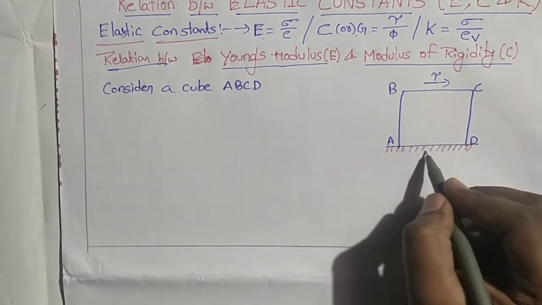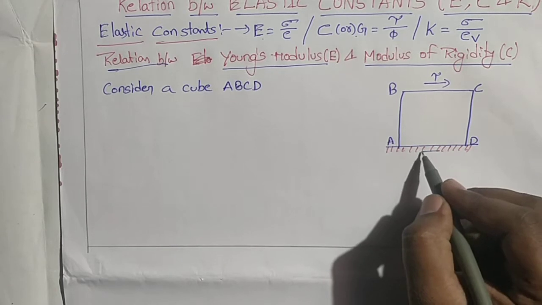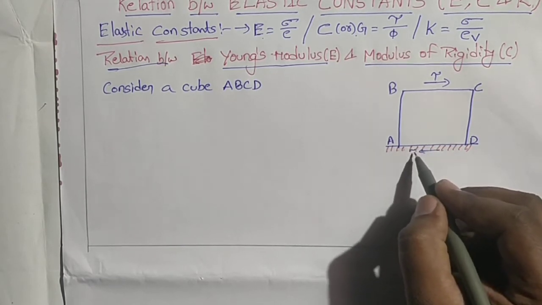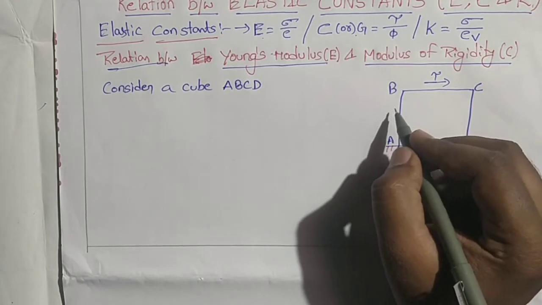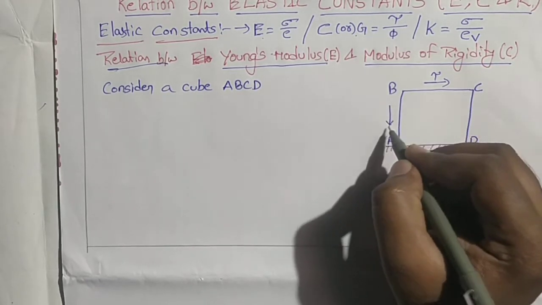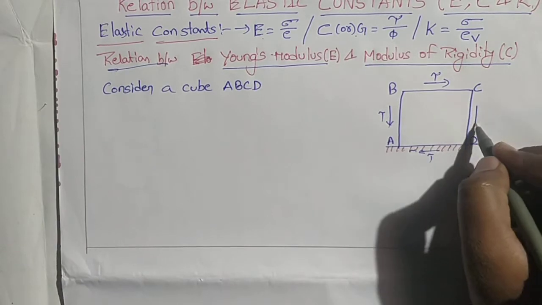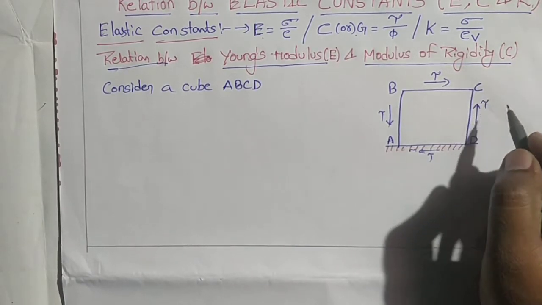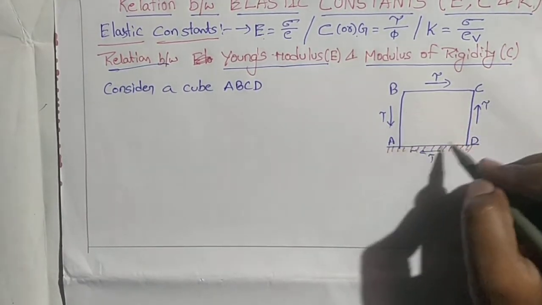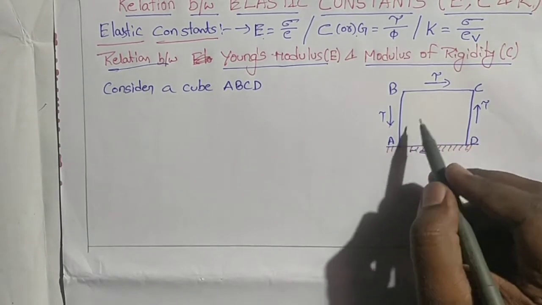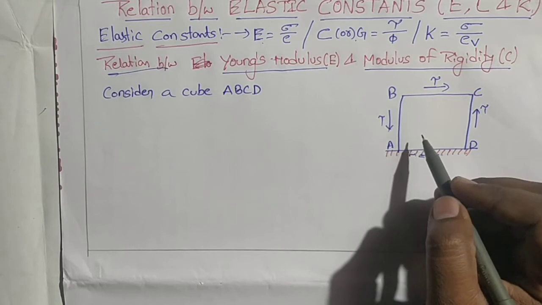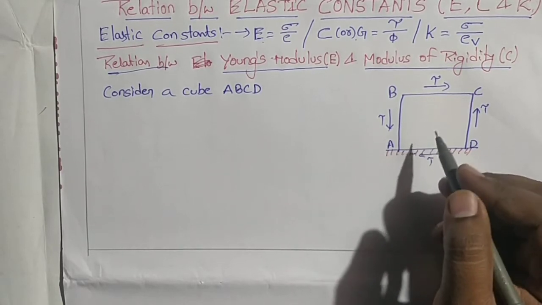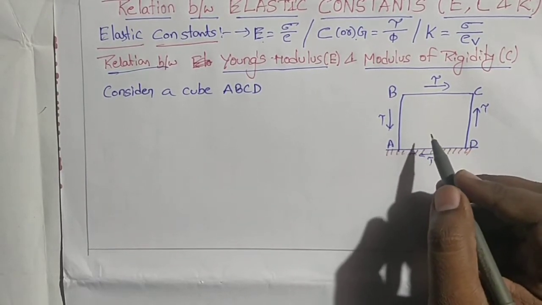Here the base is fixed, so the stress will act in the opposite direction; similarly in other directions. The cube ABCD is subjected to shear stresses. Due to the shear stresses, what happens? The cube gets some deformation.